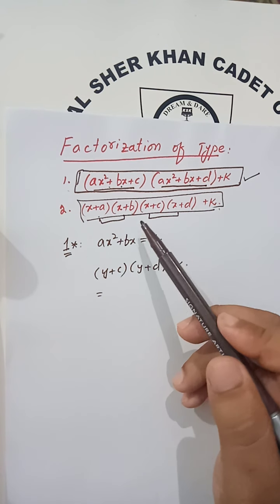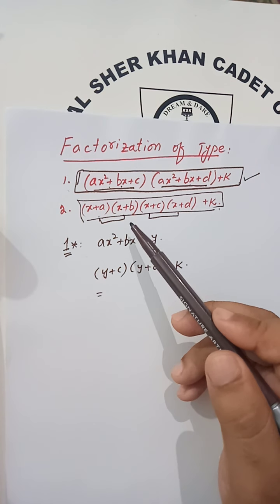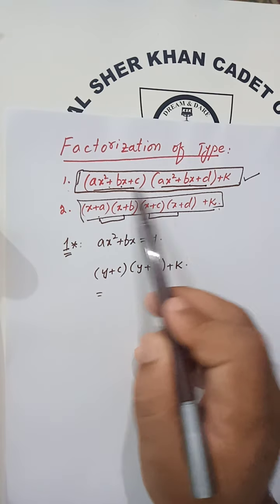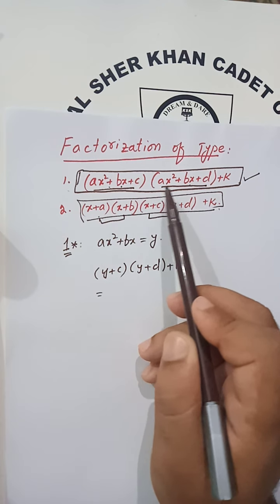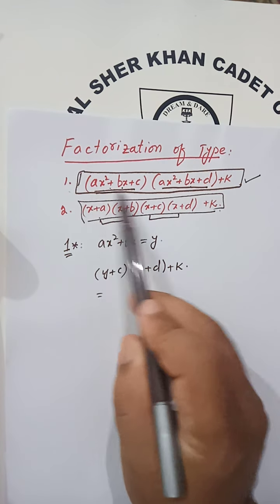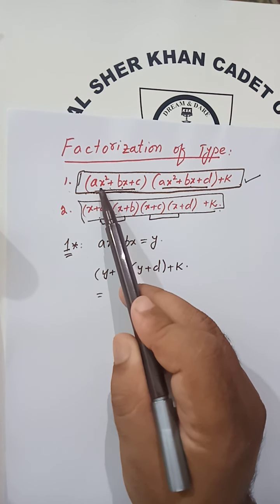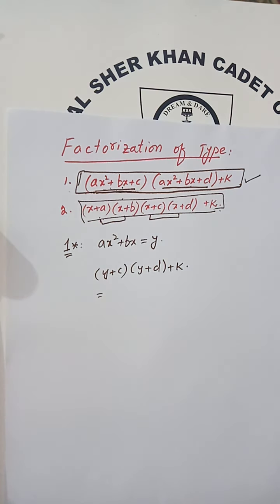So when you multiply those linear factors you will get the two quadratic algebraic expressions of the above form. And we discussed that when you need to factorize such a type of algebraic expression you need to do a substitution, that is, you replace ax² + bx by y, and then you get a quadratic algebraic expression in terms of the variable y.